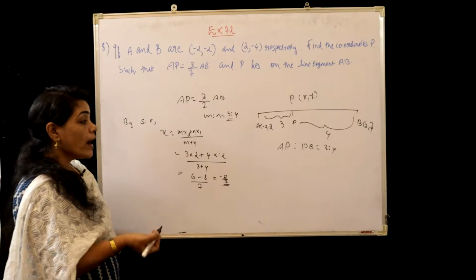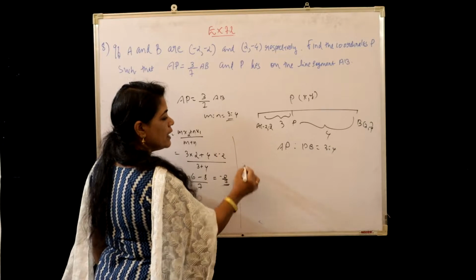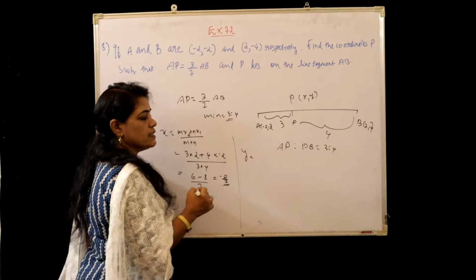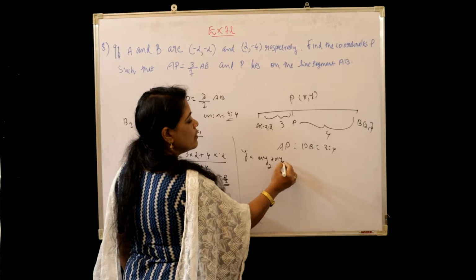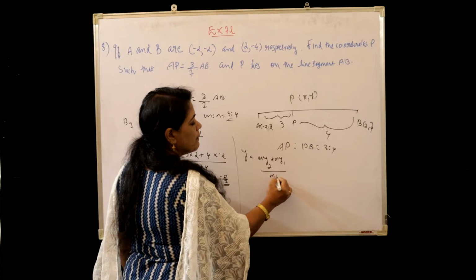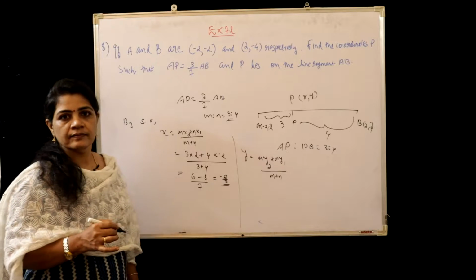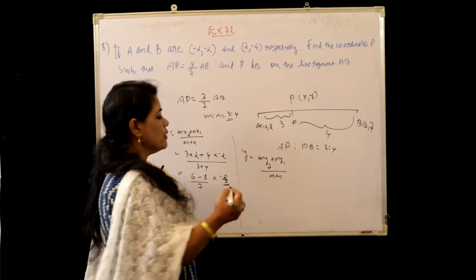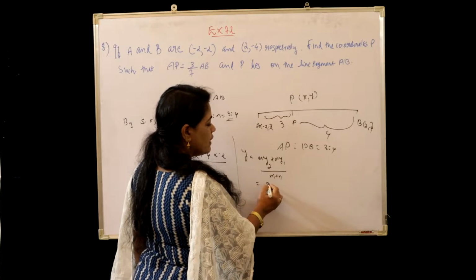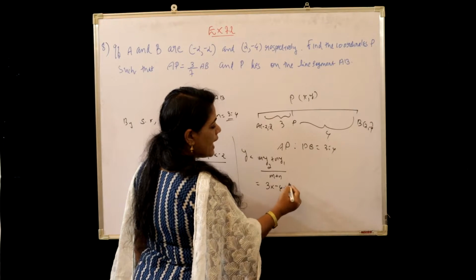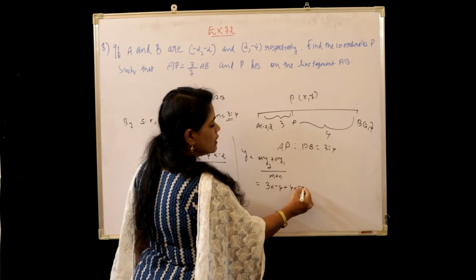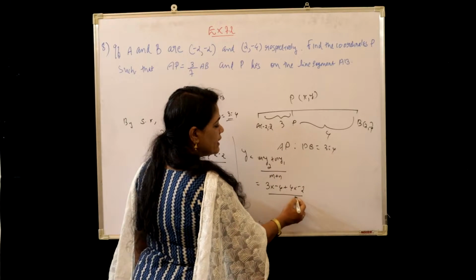To get its y coordinate, by the section formula, y is equal to (m y2 plus n y1) divided by (m plus n). It is clear? We are just applying that formula and substituting the values. m is 3 and y2 is minus 4, plus n is 4 into y1, which is minus 2, divided by 7.